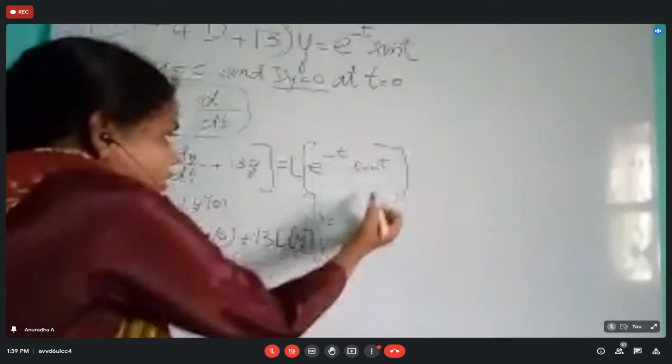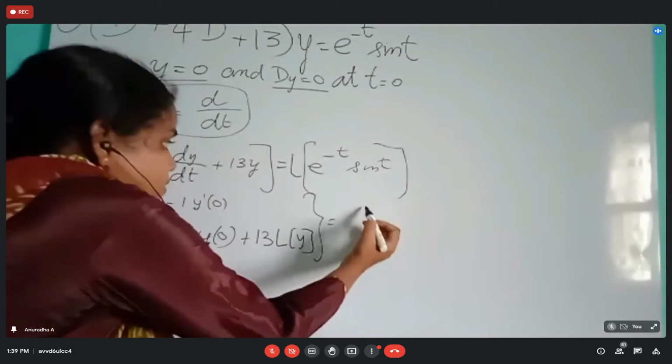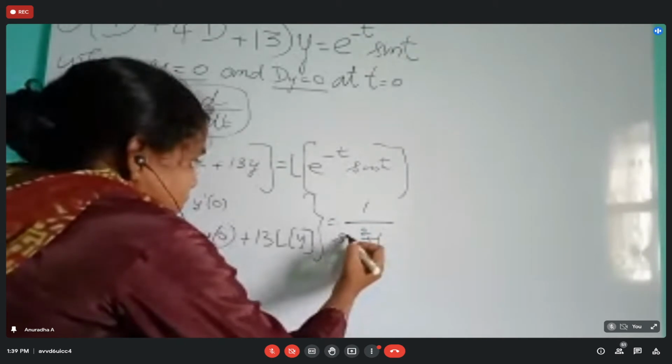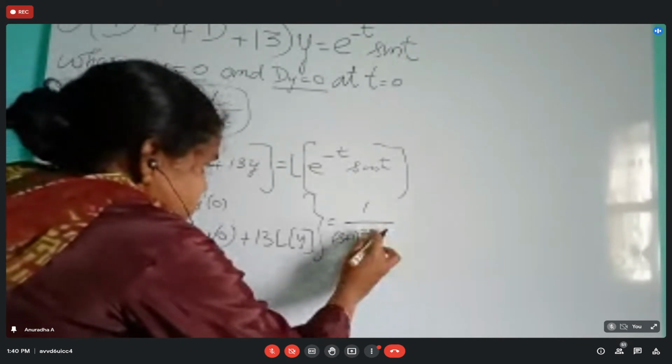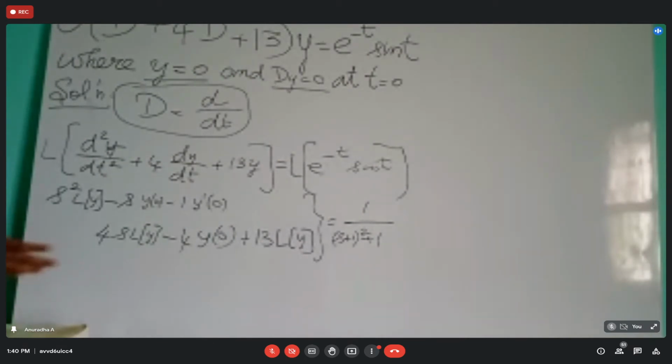The formula for sin t is 1 by s square plus 1. Now for e power minus t, wherever s is there, I have to write s plus 1 whole square plus 1. So that is the RHS.